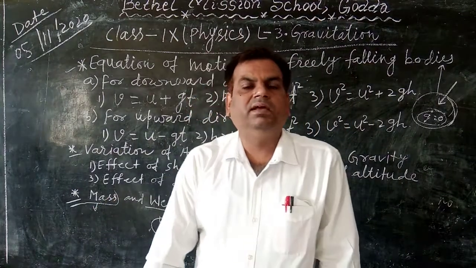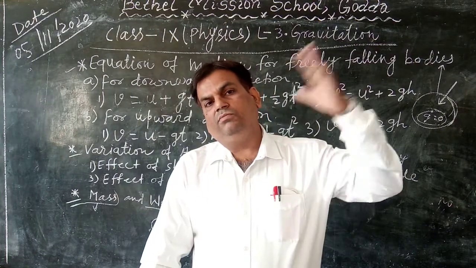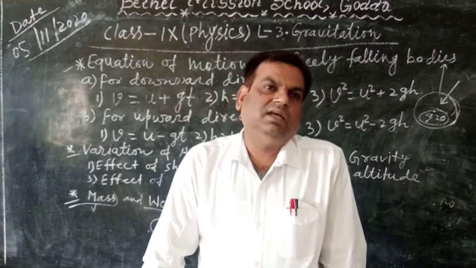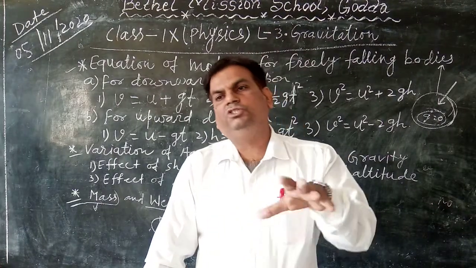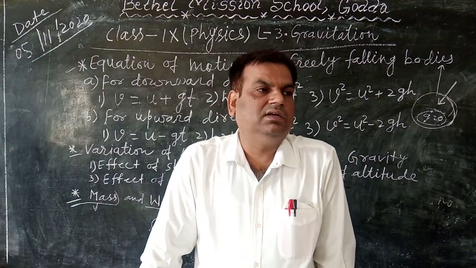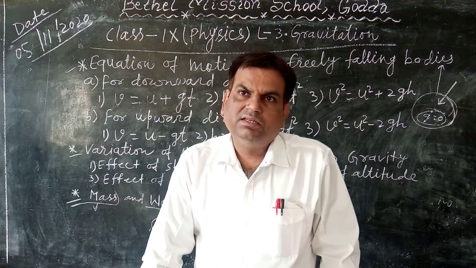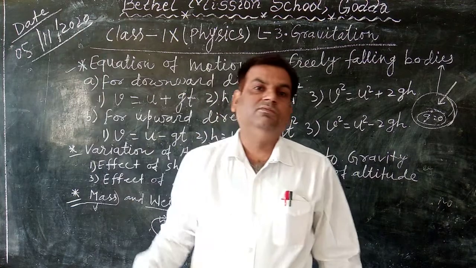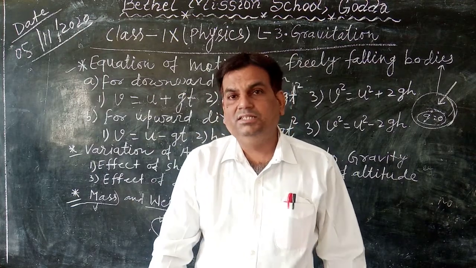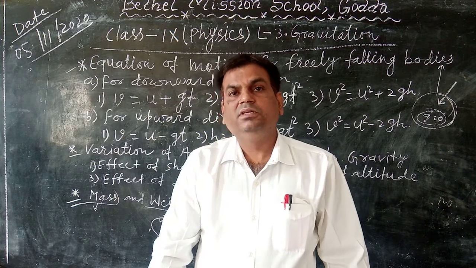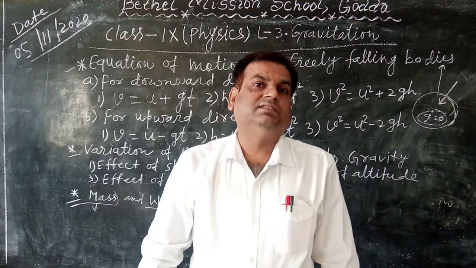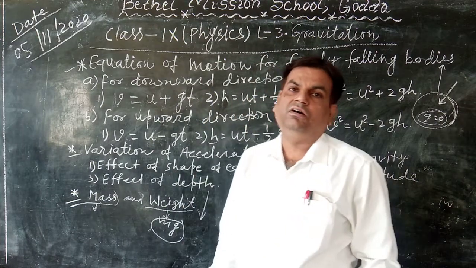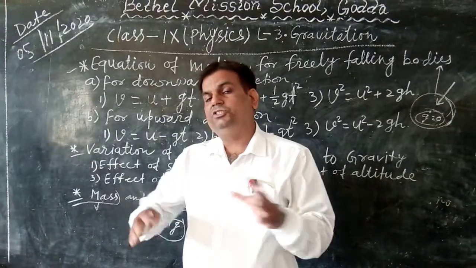And when we compare the weight on the moon and on the earth, it is 1/6 on the moon. Suppose the weight of an object on the earth is 60 Newton. So the weight on the moon of the same object is 10 Newton, because the acceleration due to gravity of the moon is 1/6 of the earth.